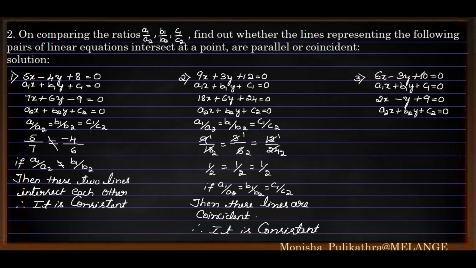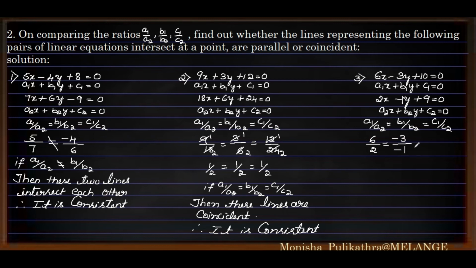Here 6x minus 3y plus 10 is equal to 0 and 2x minus y plus 9 is equal to 0. First we need to write the ratio form A1 by A2, B1 by B2 and C1 by C2. So A1 by A2, here A1 is 6 and A2 is 2, is equal to B1 is minus 3. Okay, if minus sign is there, we need to include minus also. Here minus y is nothing but minus 1y.